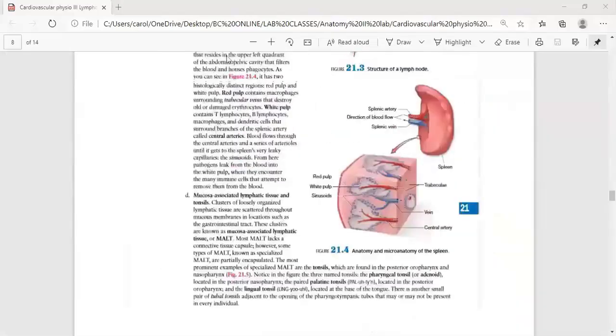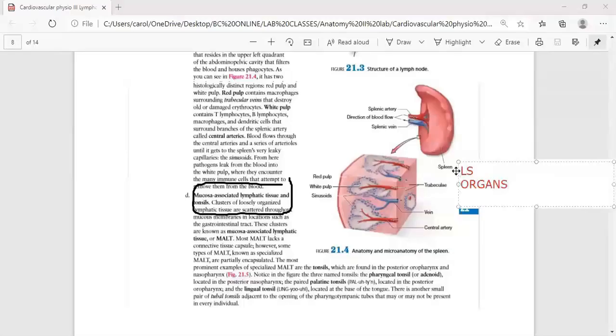Okay, so we have mucosa-associated lymphatic tissue right there. This is the lymphatic system, and if it's a system, it's because it's composed of organs. These organs are, for example, the spleen. In addition to the spleen, we are going to have tissues. Some of these tissues are called MALT, as you can see here: mucosa-associated lymphatic tissue.